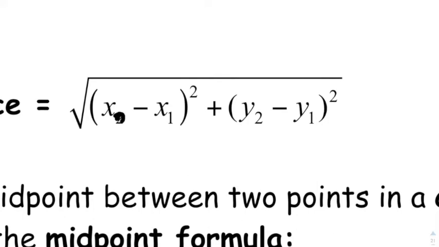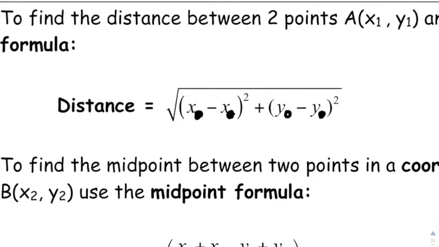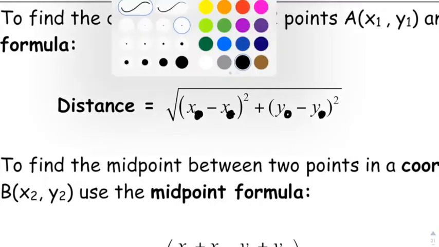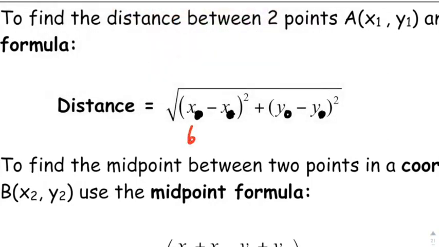Key thing too is these 1s and 2s. I usually tell my students to blot them out because the order doesn't necessarily matter, and that's because of the squared. So for example, if we went back and used that previous example, I think it was 5 minus -1, that would have gotten us 6 squared.